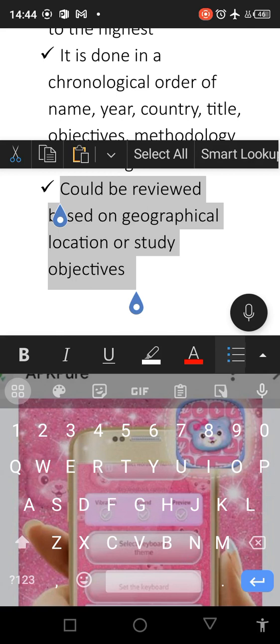When you were doing your literature map, it is as if you were already gathering literatures for your empirical review. So you don't need to sit down again and start searching the internet. No. All those studies that you review under your literature map, just transport them into your empirical review and segregate them into geographical locations.